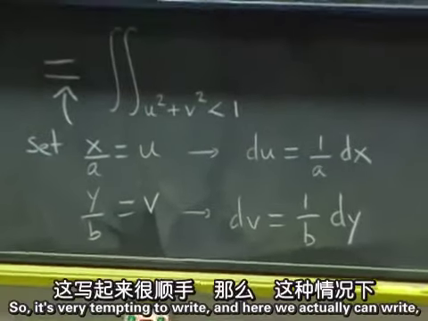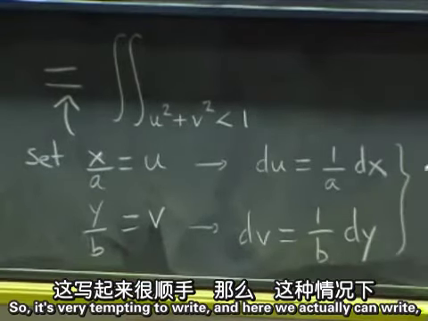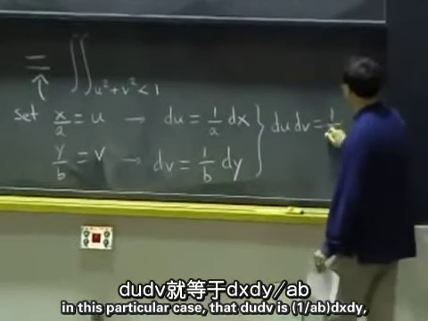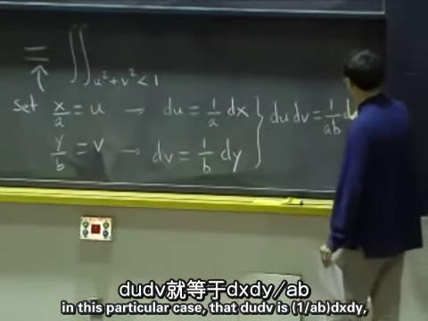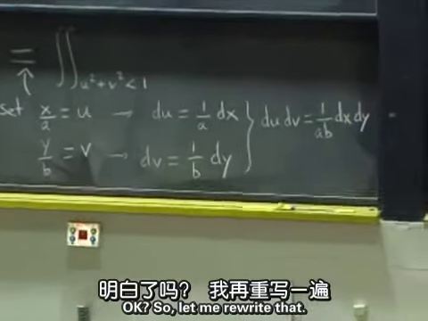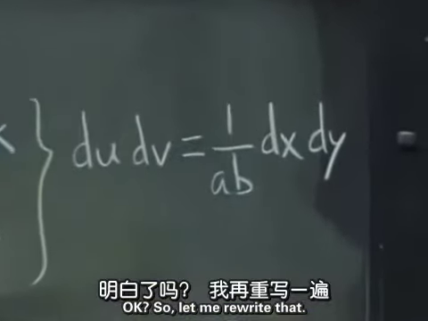So it's very tempting to write, and here we can write, in this particular case, that du dv is 1/(AB) dx dy. Let me rewrite that.